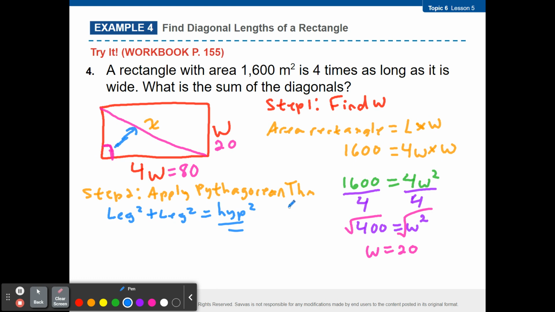Okay? So when I set this up, I know this is 20, that makes this side 20. So my legs are going to be 20 and 80, so I'm going to have 20 squared plus 80 squared equals my hypotenuse, which I labeled x, and I'm going to square that.